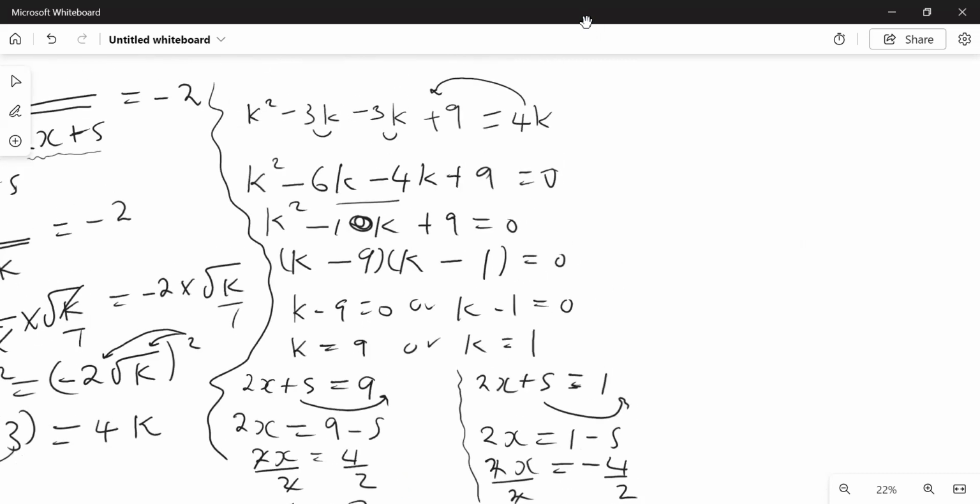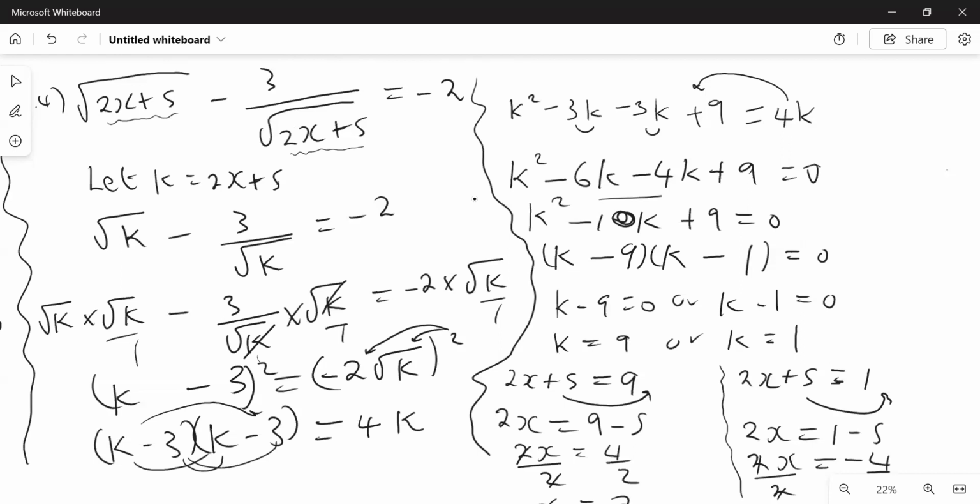Let's say now, for an example, let's go back to our question. Our question says square root of 2x plus 5 minus 3 over square root of 2x plus 5 equals negative 2. After getting these two solutions, I got 2 and negative 2.